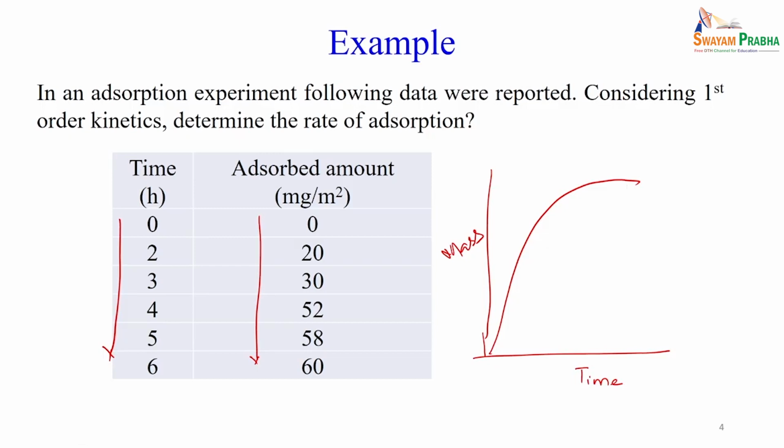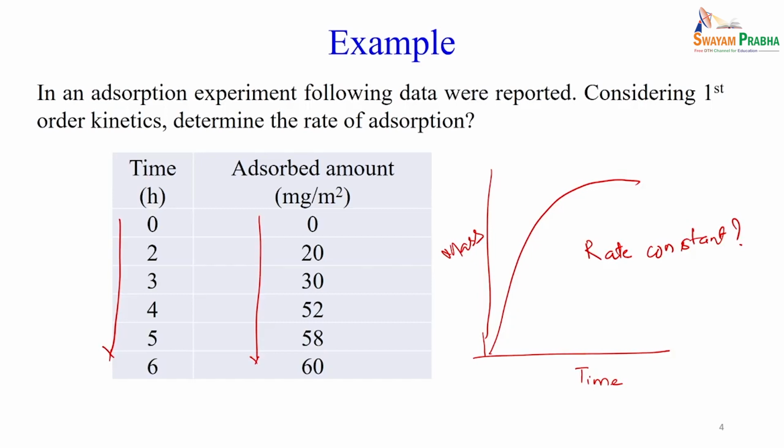Now, if you can analyze the kinetics of adsorption, you should be able to comment on what the rate constant is, or what the different processes involved in the adsorption are. We will come back to this problem.